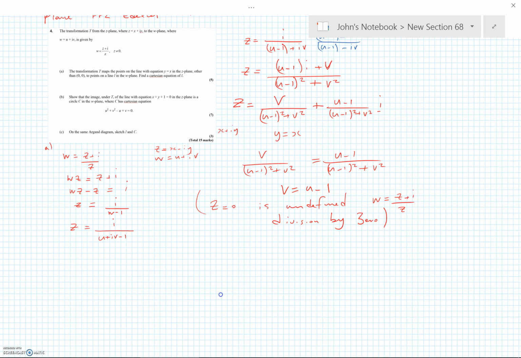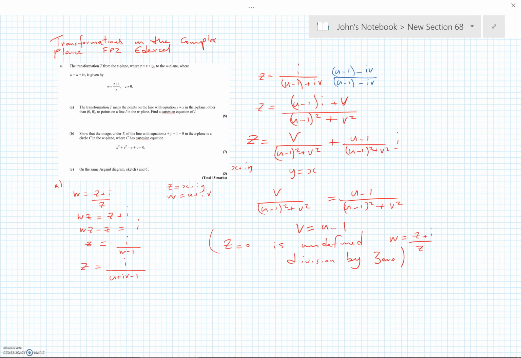Okay, so part B. There is a slightly easier way of doing y equals x perhaps for part A, which I'll do in another version. But one of the advantages of taking this rearranging approach is that we're going to use exactly the same thing for a different locus here.